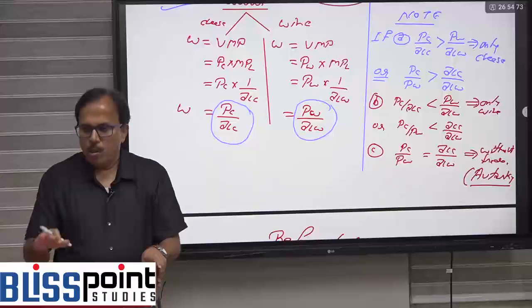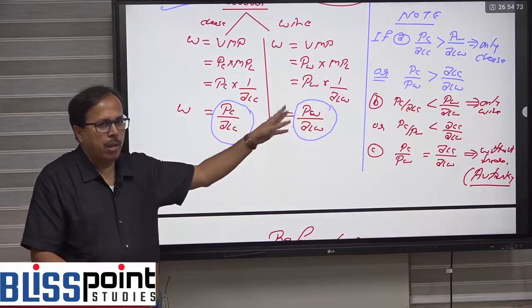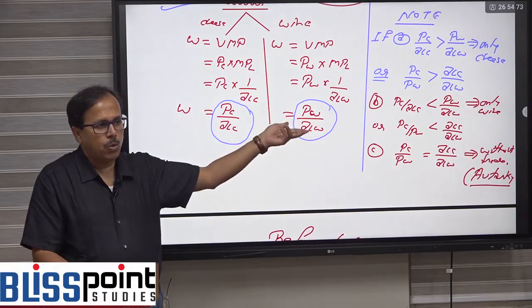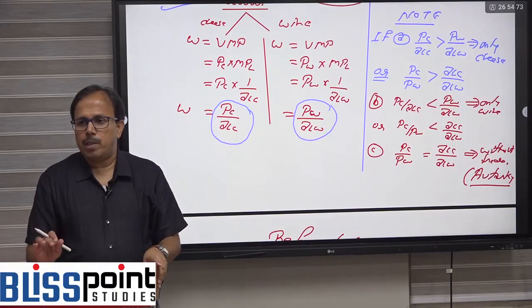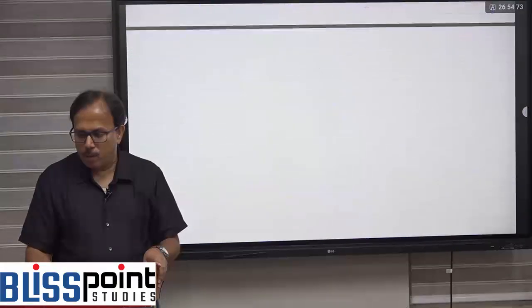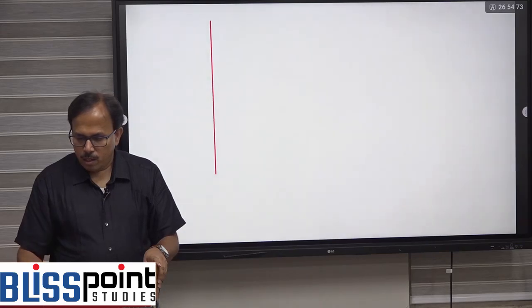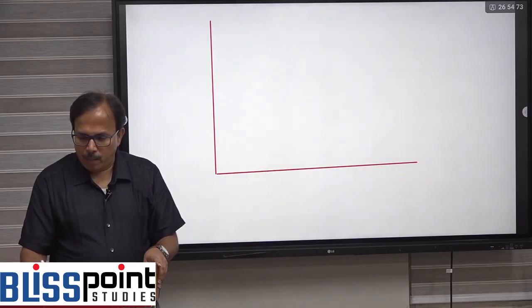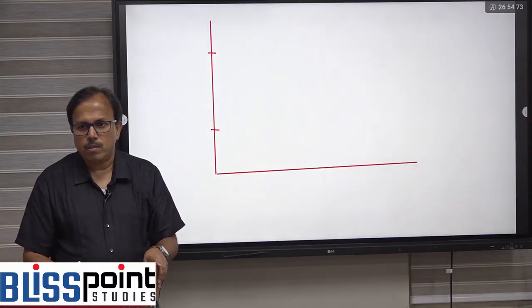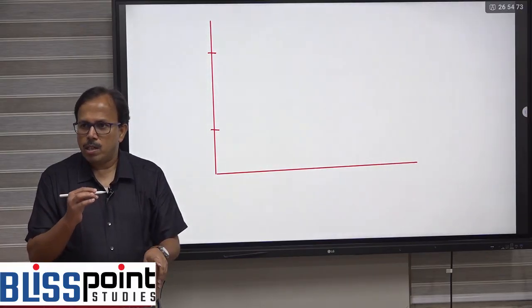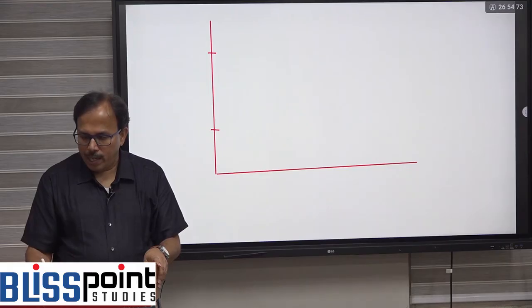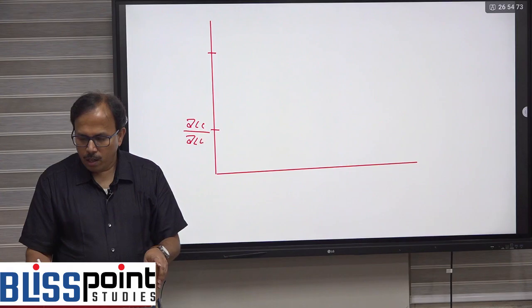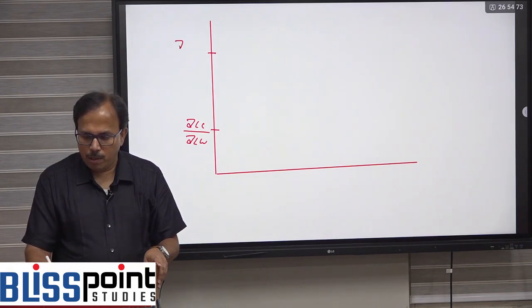We have stated the possibilities. If this is the case, this will happen. But what will be the actual case? That depends on what the actual price is. We have taken one price as higher, the other as lower. Which two prices did we consider? These are the prices before trade. One is determined by the number ALC upon ALW, the other by ALC star by ALW star, and these numbers are different.